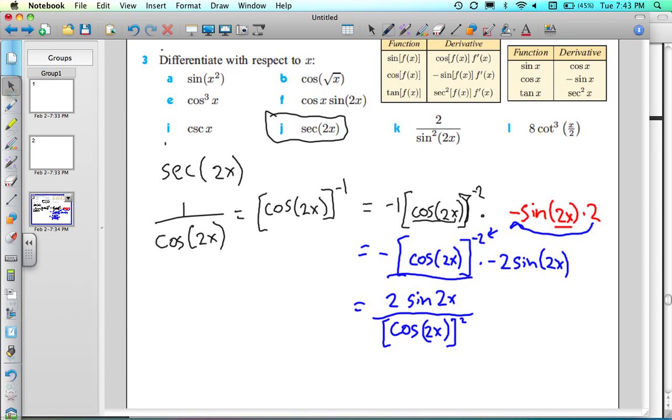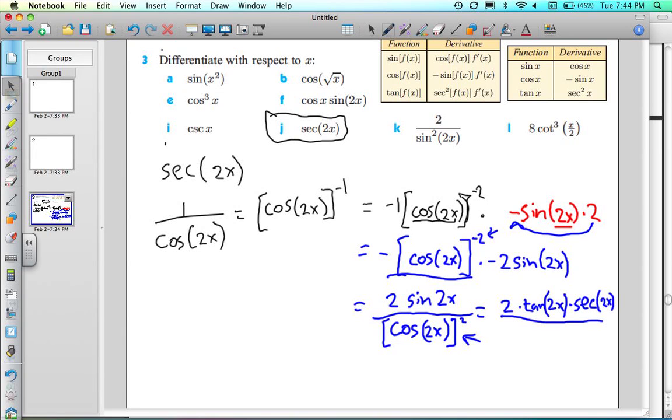Remember, sine over cosine was tangent, so we end up with 2 times tangent 2x times, and we're still left with a cosine of 2x down here, and 1 over cosine of 2x is, you guessed it, secant of 2x.